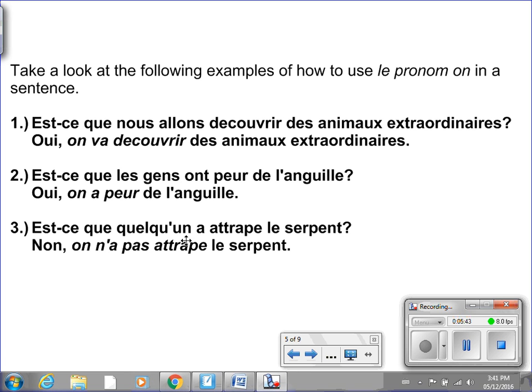And now quelqu'un is the same as saying il or elle. So in this case, a can just stay as it is because it's already the correctly conjugated form of avoir. I'm going to put n' and pas around a, and I can just write the rest of the sentence. Attraper le serpent.